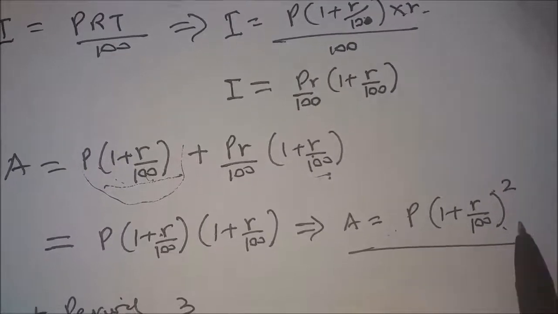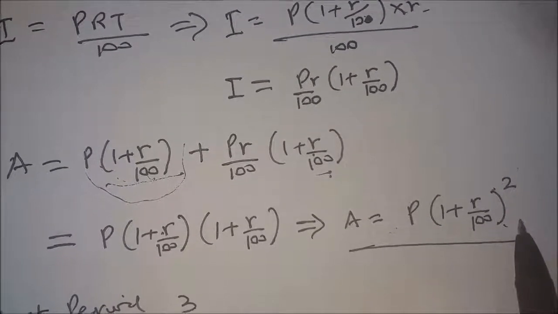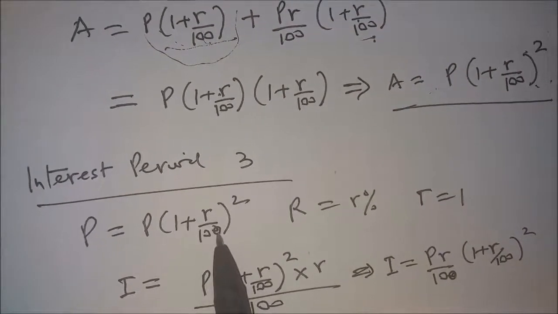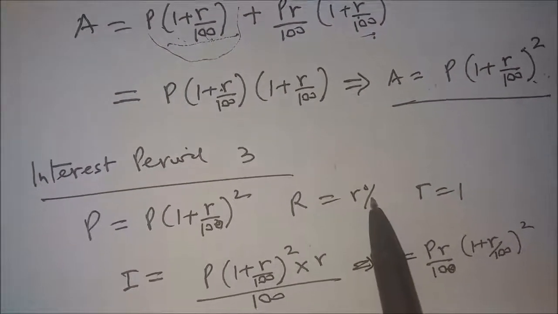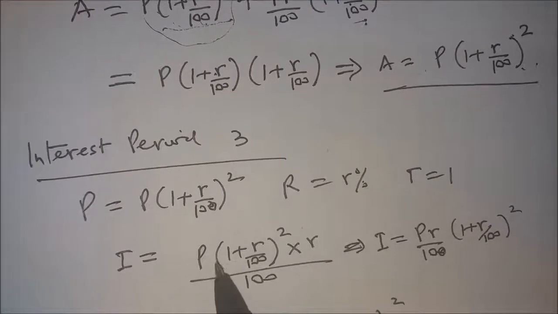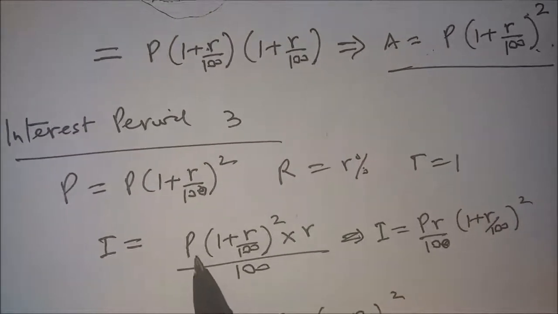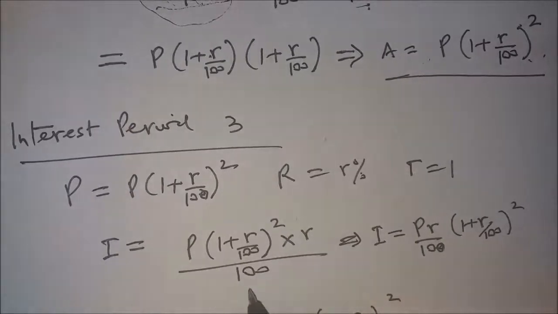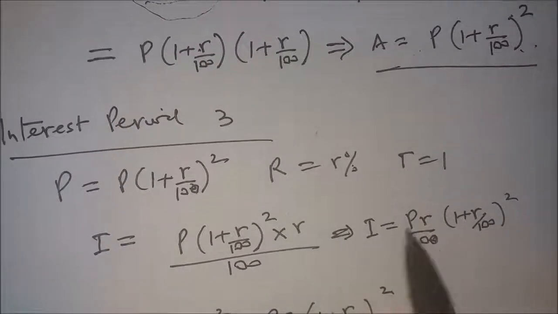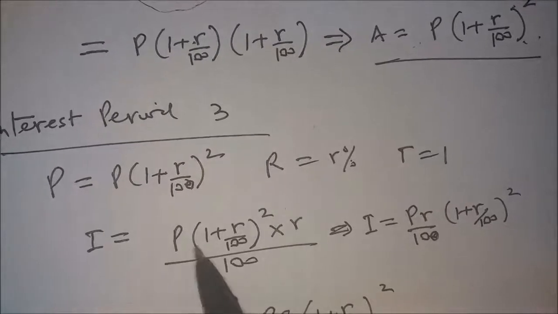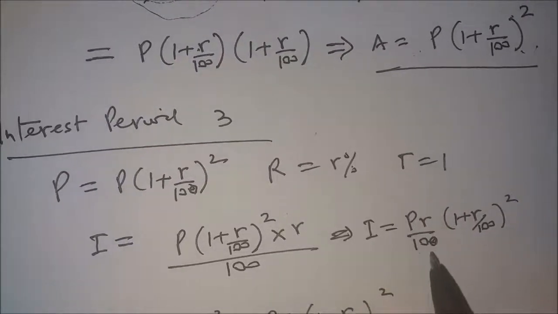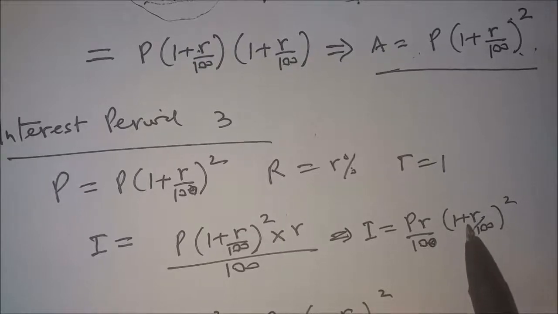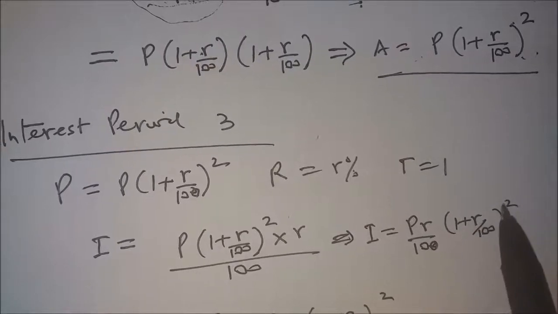This is carried forward to interest period 3 as the sum invested at R%. Again, we apply the simple interest formula. So we have principal sum times rate over 100, and we simplify it to have PR over 100 into 1 plus R over 100 squared.